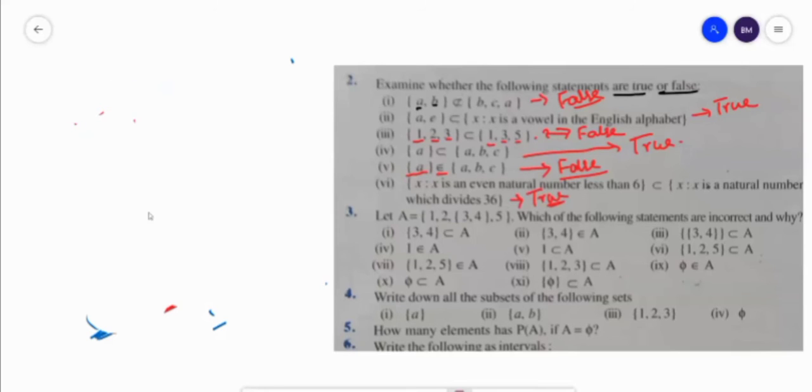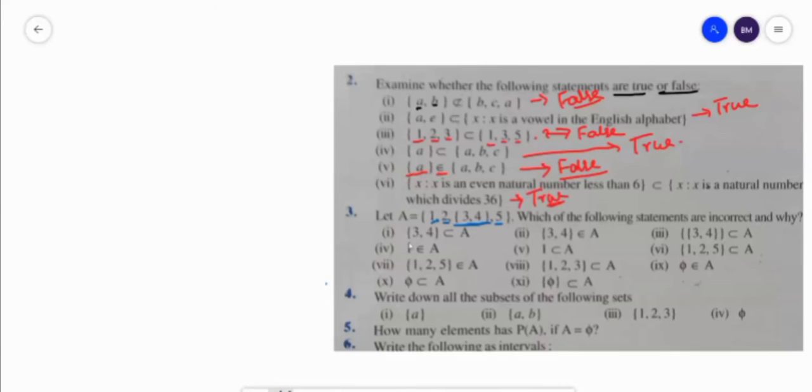So the first one, it is given A equals {1, 2, {3, 4}, 5}. This is a set. {3, 4} is also an element of the set A, and this is 5. Which of the following?